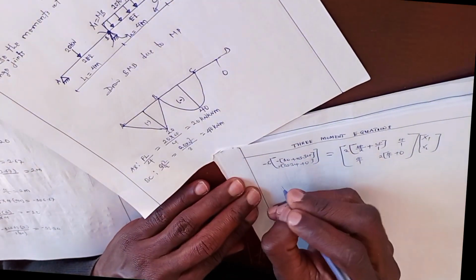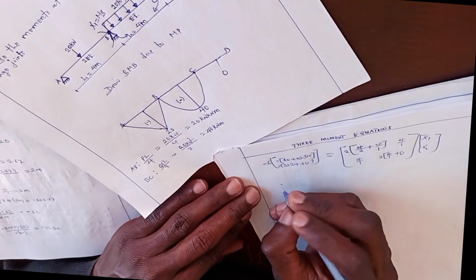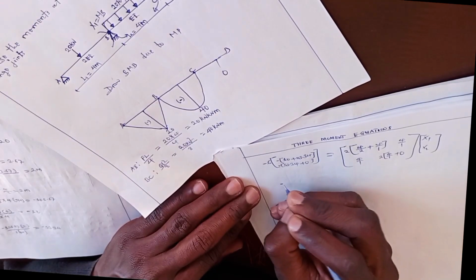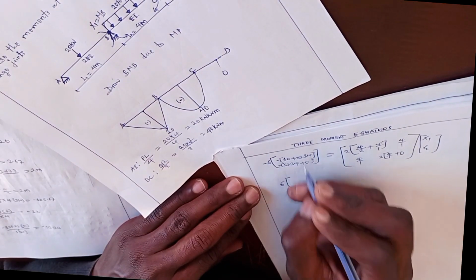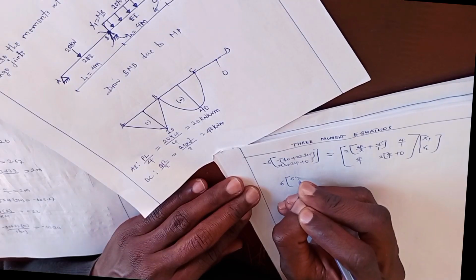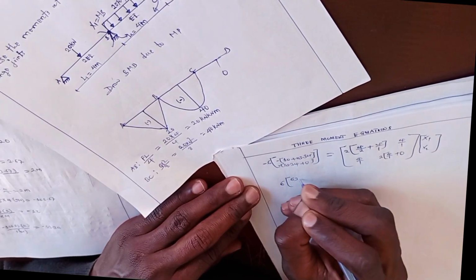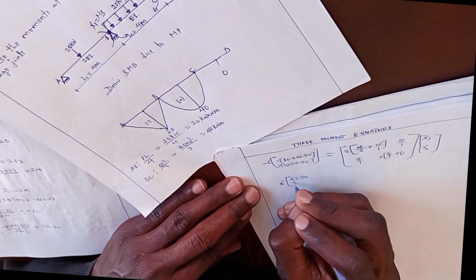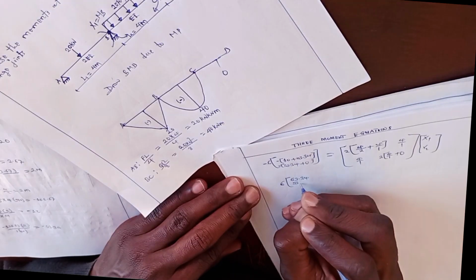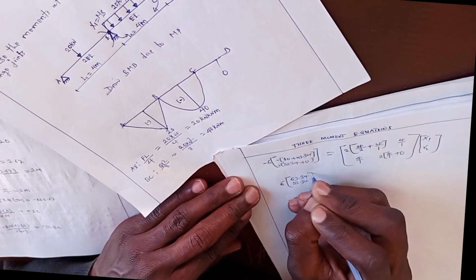Negative and negative, we get positive. So this one plus this one will be 63.34, and here it will be 53.34.